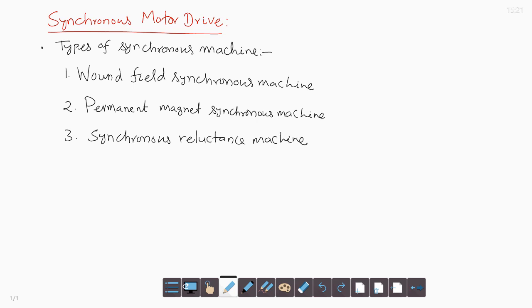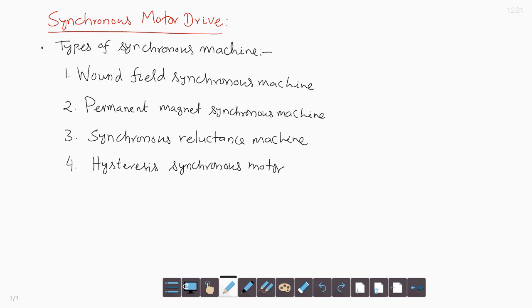As the name indicates, it operates based on reluctance torque only. Fourth type is hysteresis synchronous motor.